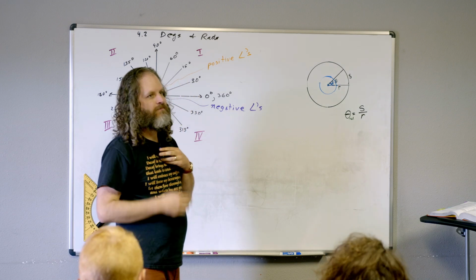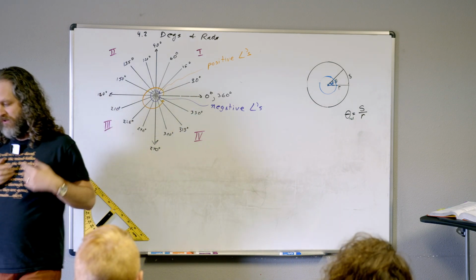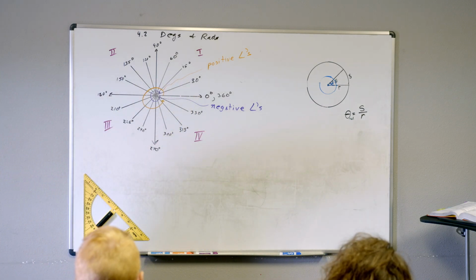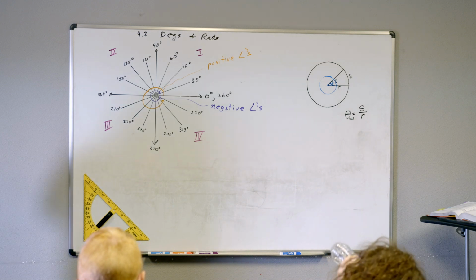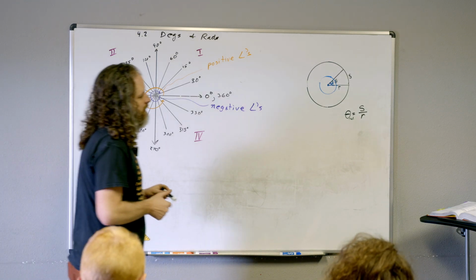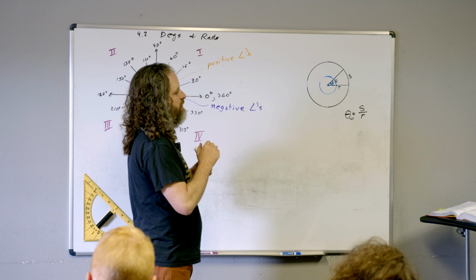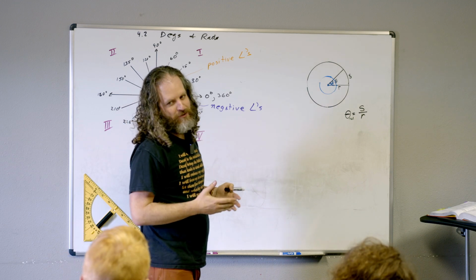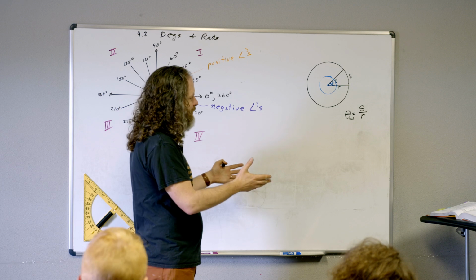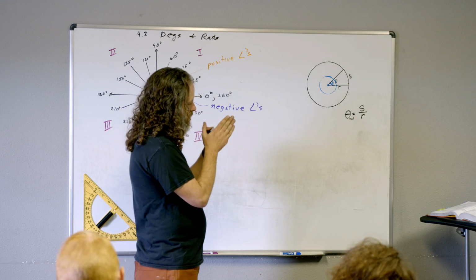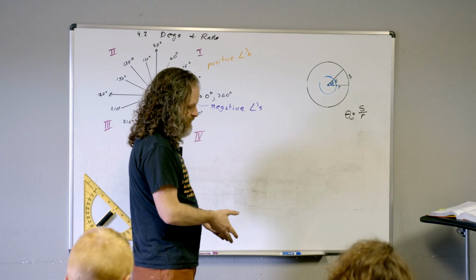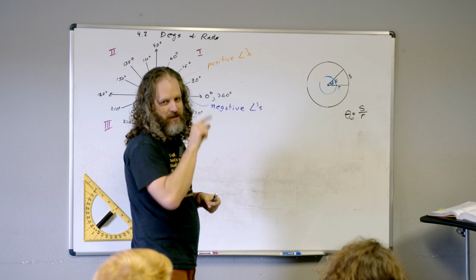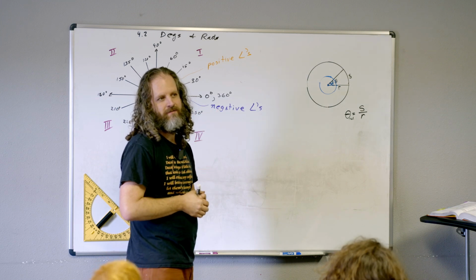So we use the angle to convert them back and forth. There's one intuitive guesstimation thing. If you're looking at an angle on a page and it doesn't have the degree symbol, then the angle's in radians.